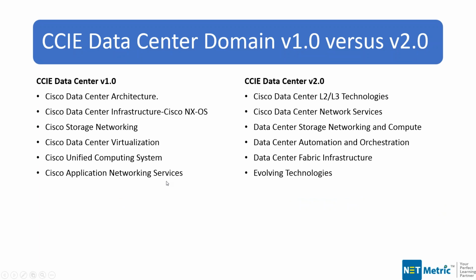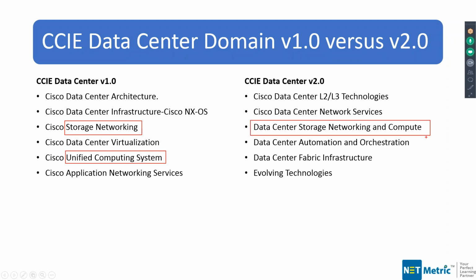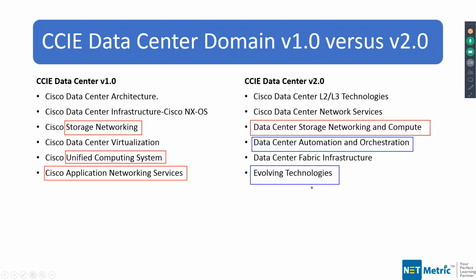What's new in version 2 is they have clubbed the storage networking plus unified computing system, and they are calling this data center storage networking compute. They have removed the application networking services over here and included what? Automation, orchestration and evolving technologies.